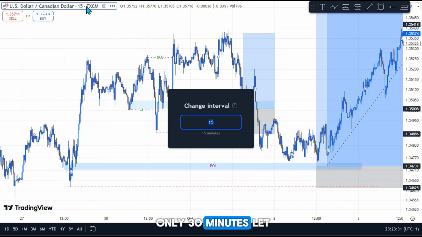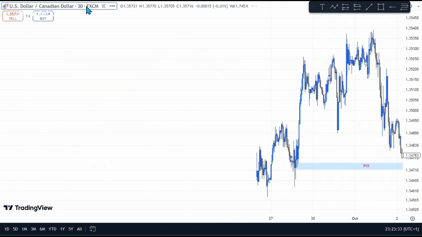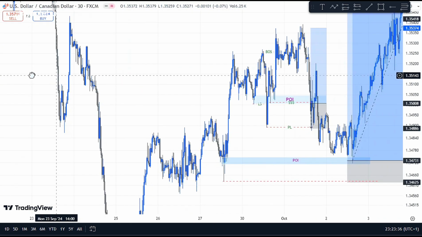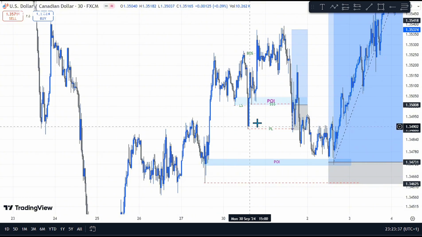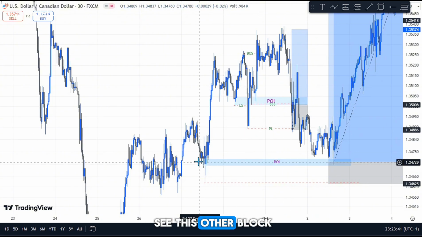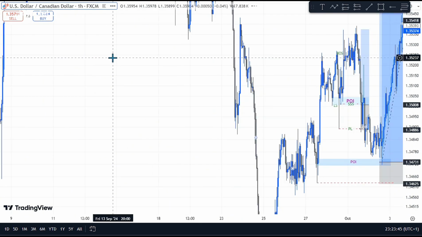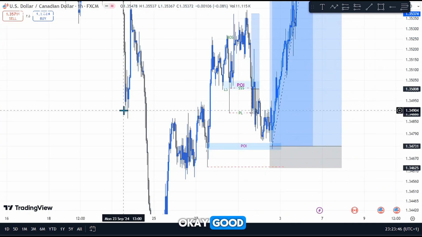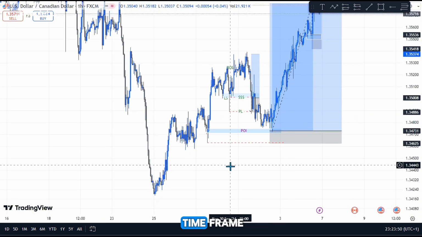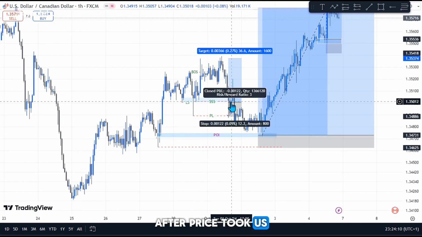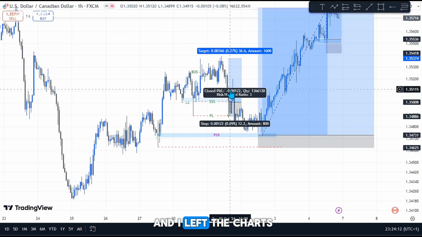Was it in 30 minutes? Let me check. Oh yeah, from the 30 minutes you can see this order block. Okay, good. I actually took it from the 60-minute time frame. After price took us out, I got angry and I left the chart.